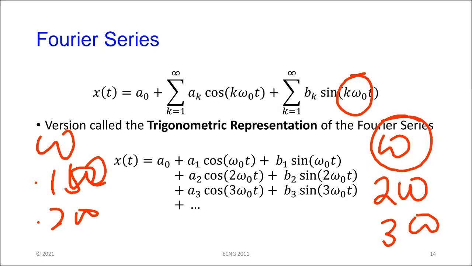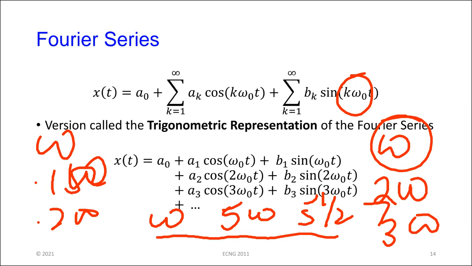Or somebody else might say, why not omega, 5 omega, 5.5 omega, 7 omega? At that point it becomes inconsistent. If you standardize the increments, and remember k is going from 1 to infinity, it has an infinite number of integer multiples of omega inside of here.